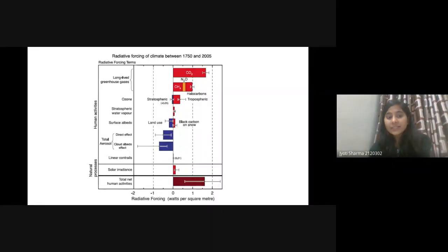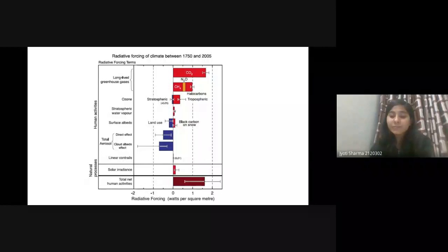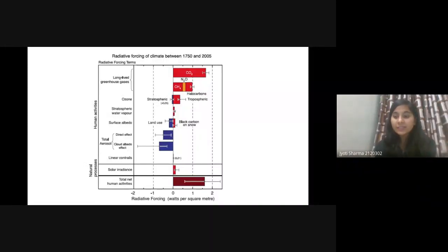For other greenhouse gases, for example methane, nitrous oxide, and the halocarbons, the radiative forcing is +1 watt per meter square. If we are talking about ozone, if it is the stratospheric ozone, then it will give you the cooling effect. But if it is the tropospheric ozone, that will give you the warming effect. So for the tropospheric, it is on the positive side, and for the stratospheric, it is on the negative side.